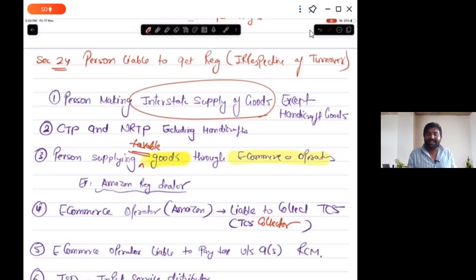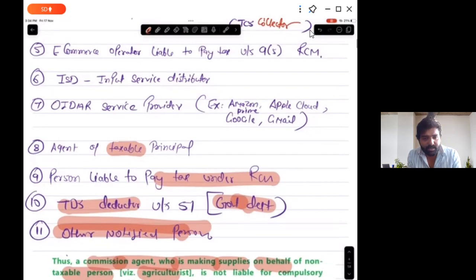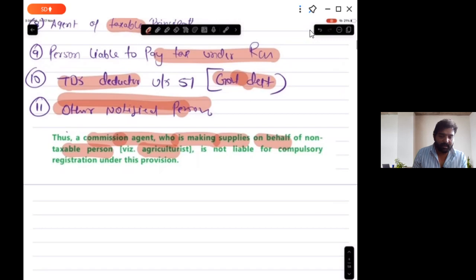TCS collector is for Amazon, Flipkart and all the e-commerce websites, and TDS deduction is for government departments. Next, ISD, input service distributor, foreign OIDAR, agent of the taxable person, the person who needs to pay tax under RCM, and other notified persons. So this is the list of people who need to get registered under section 24.